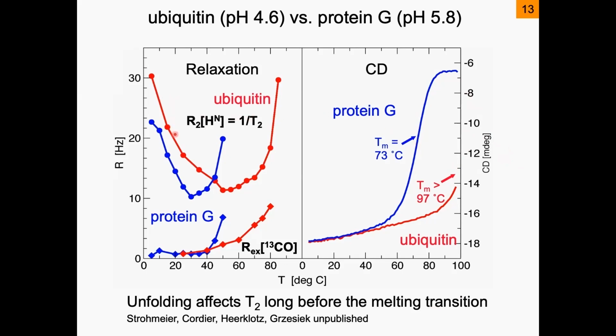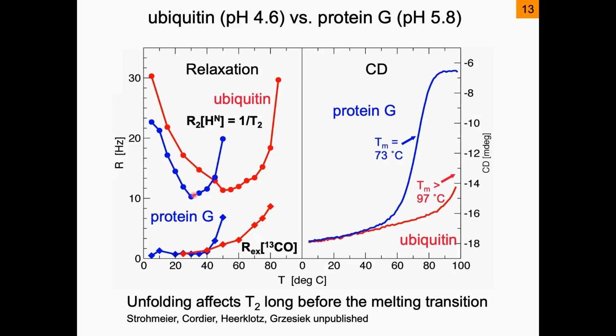And what you see here is that for ubiquitin, of course, first the relaxation rate goes down, the tumbling gets faster, but around 50 degrees, you have a minimum, and then the relaxation rate goes up again. So 50 degrees below the melting temperature. And for protein G, you kind of see the same thing.